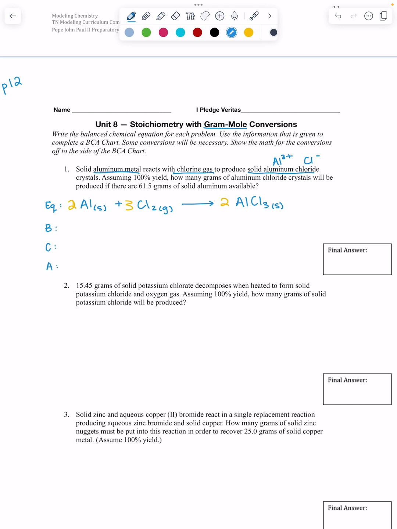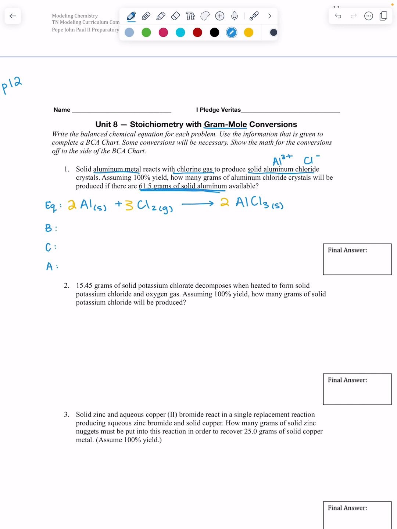But you'll notice that instead of giving us moles of something, they give us grams of solid aluminum. So what we need to first do is calculate the amount of moles that are in 61.5 grams of solid aluminum.